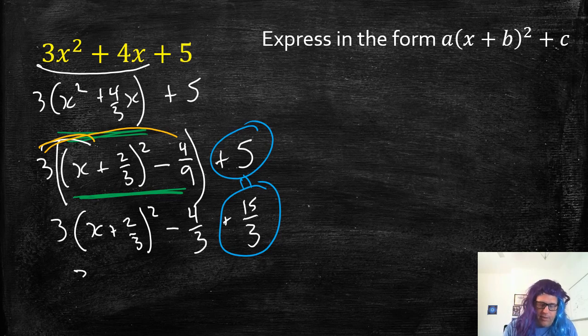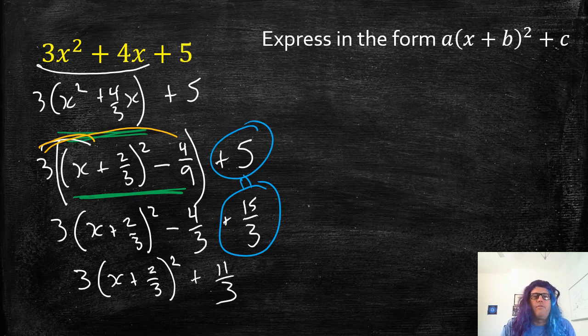So the last step, 3 minus 4/3 plus 15/3 is plus 11/3. So A is 3, B is 2/3, and C is 11/3. We've gone ahead, we've completed the square. This is about as tricky as it gets.